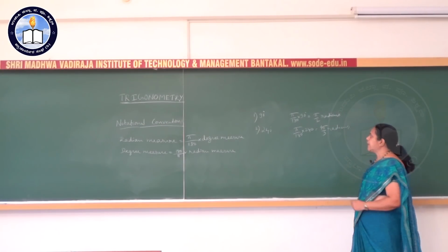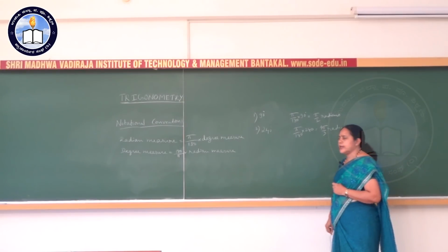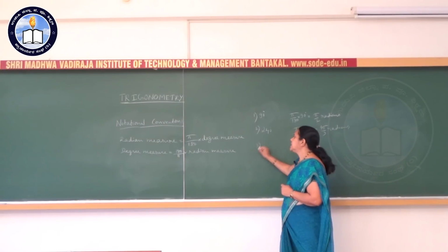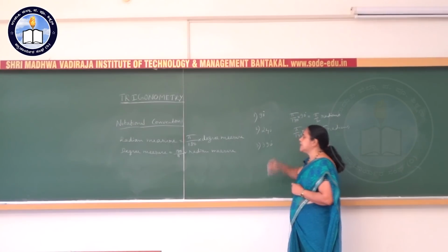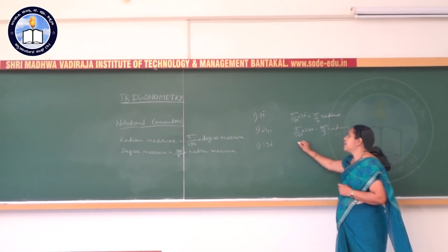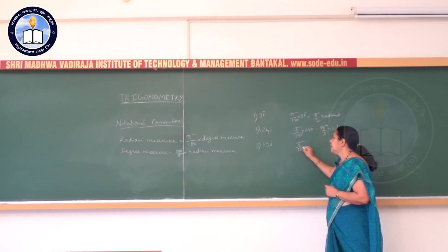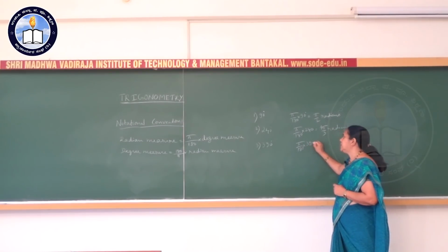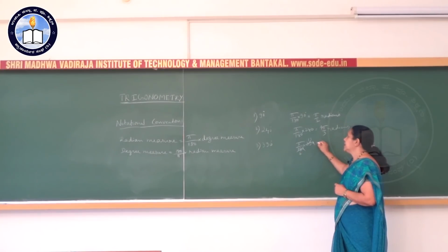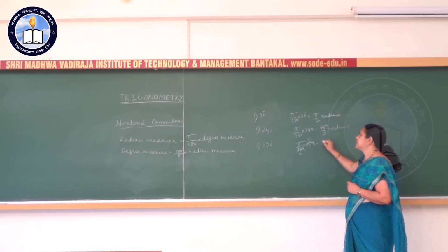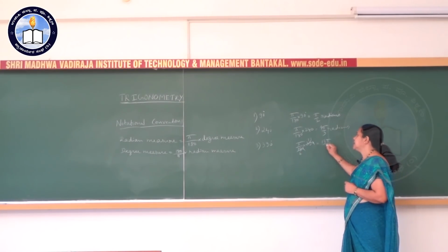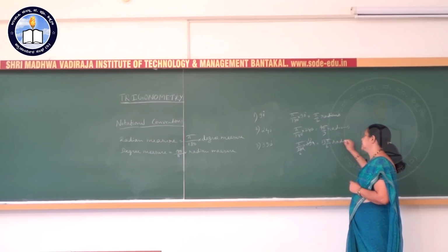What is 390 degrees in radians? It's pi by 180 into 390, that is 13 pi by 6 radians.